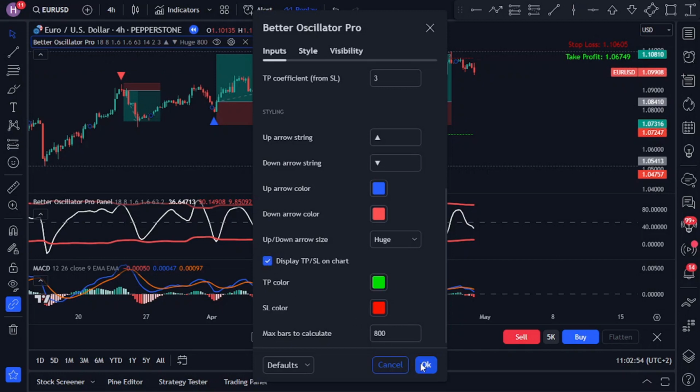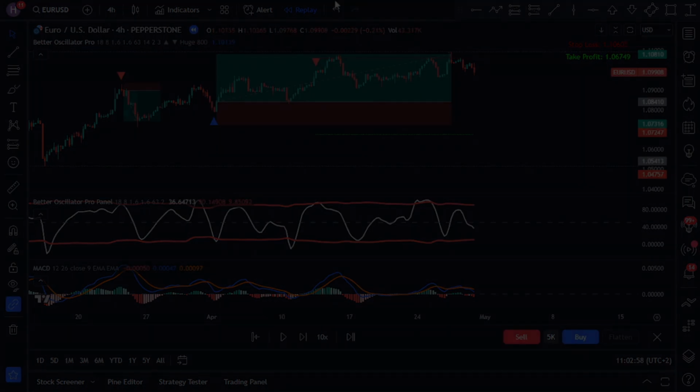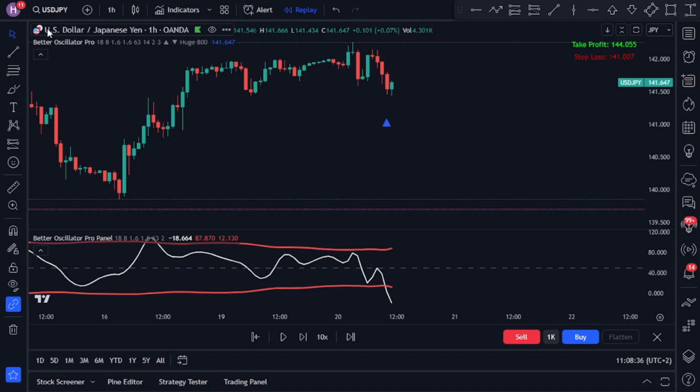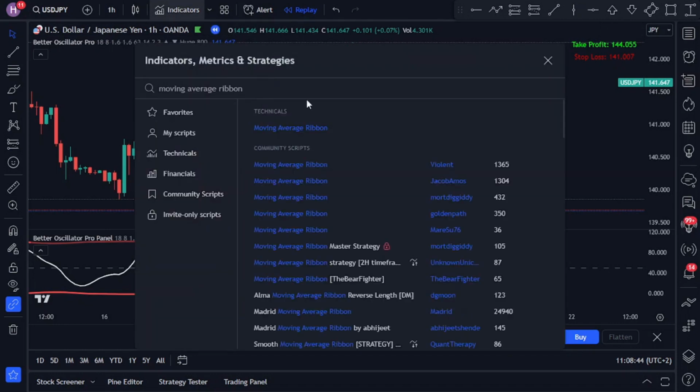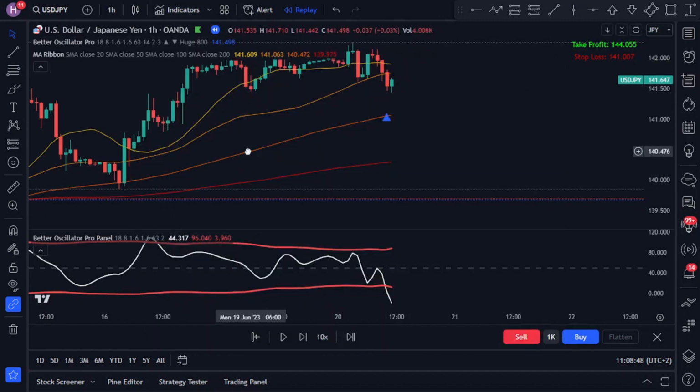Next, let's take a look at another trading example and why the Better Oscillator Pro surpasses traditional indicators. On the chart this time, we have the US dollar against the Japanese yen on the hourly time frame. And for this example, I'm going to add the moving average ribbon as we'll be looking for trend continuation entries.